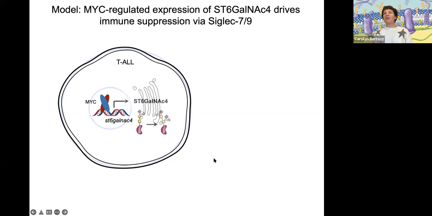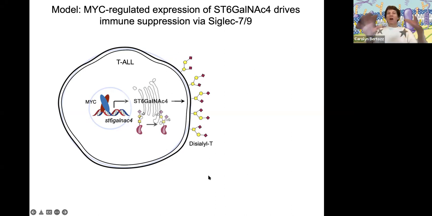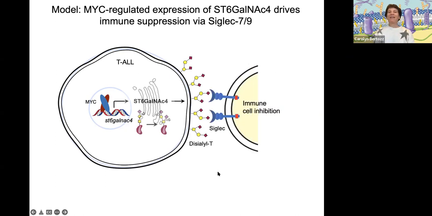And what that enzyme can then do is increase the flux in the biosynthesis of the disialyl T structure from its sialyl T precursor, which then increases the density of these disialyl T epitopes on the surface of the TALL cell. And when this high affinity ligand is present at high density, CIGL X7 can be engaged on immune cells, which includes activated T cells, macrophages, as well as NK cells. And that can then suppress the activity of these immune cells as they form synapses with these disialyl T-rich cancer cells.